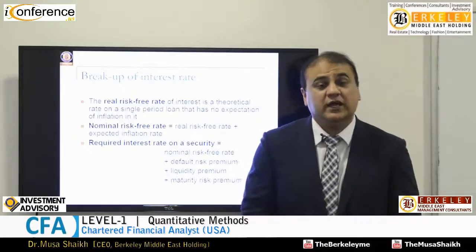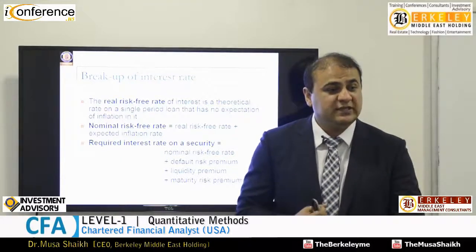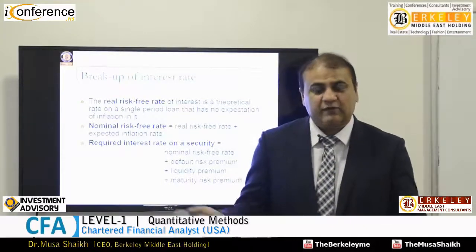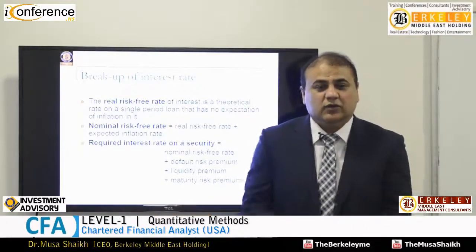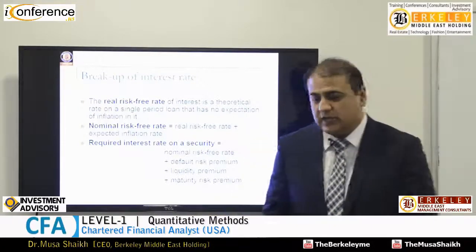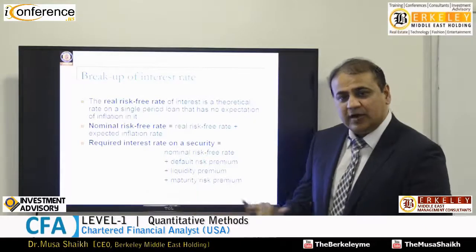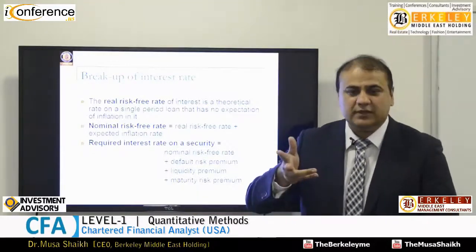You have to wait 5 years to get your principal back and what they agreed with you. After 5 years, you don't know what the situation will be. So when you wait for a product to mature, you get a maturity risk premium.